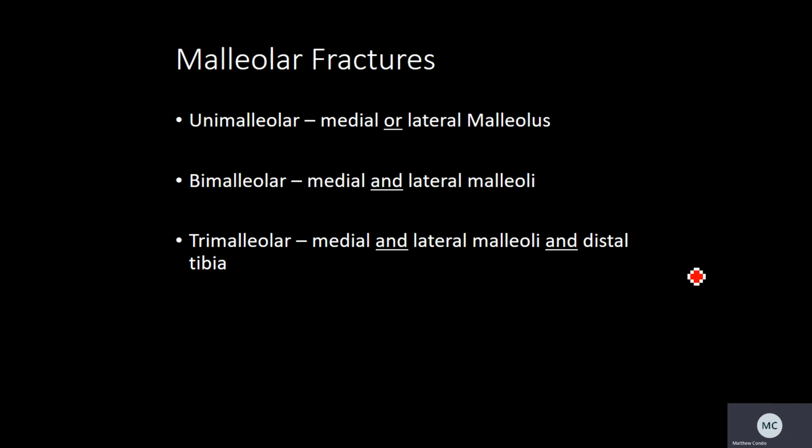A trimalleolar fracture is the fun one, because think about it, we only have 2 malleoli, but a trimalleolar fracture is going to be a medial and lateral malleolar fracture and a distal tibia fracture, right? So 3 fractures, trimalleolar, even though we only have 2 malleoli.